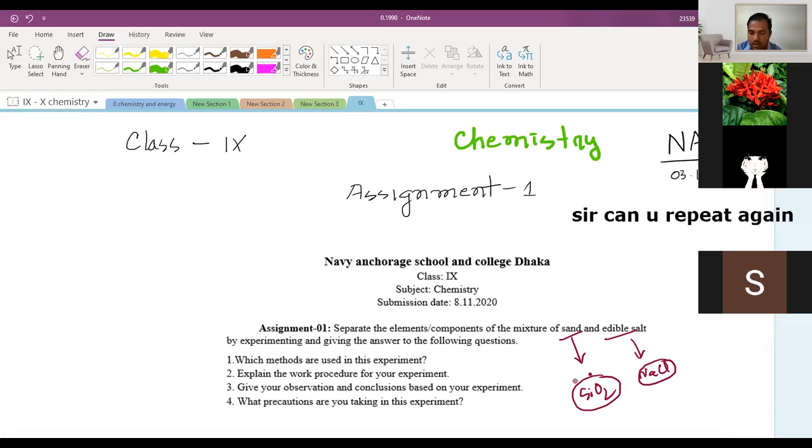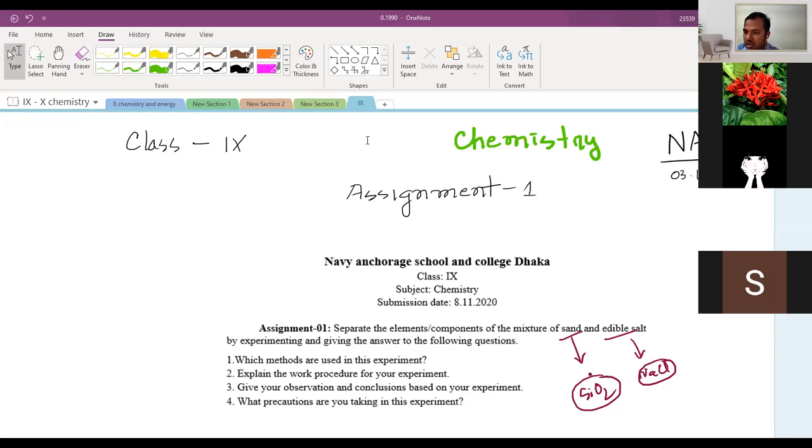That means by the nature of the compounds, first we make a solution, then we filter it. After that, we apply heat again, and by removing water, we can get the salt back.